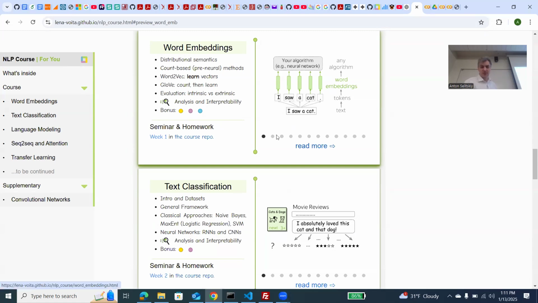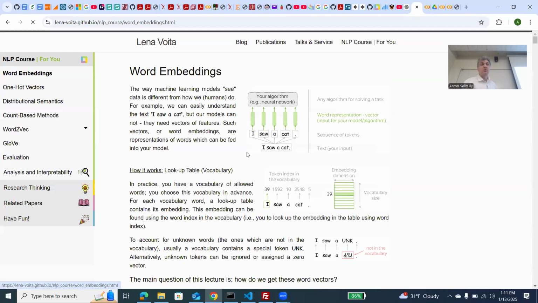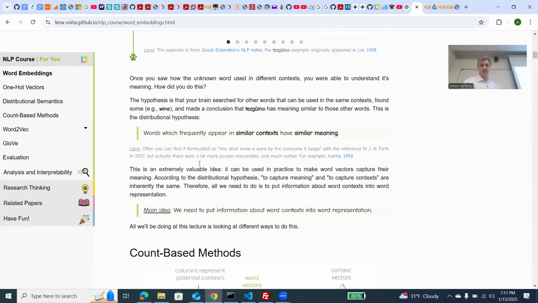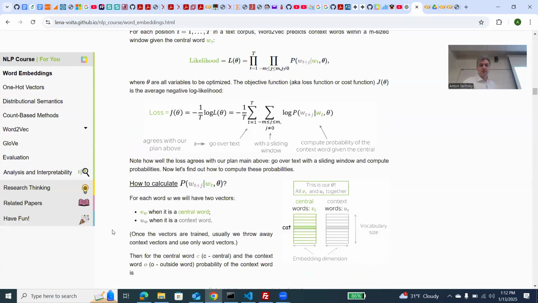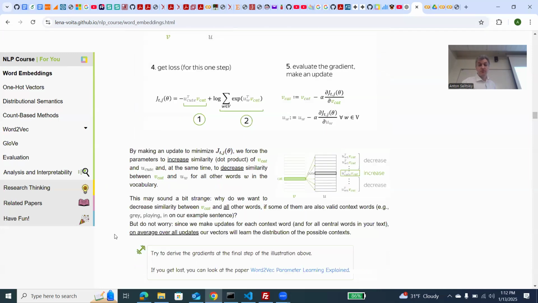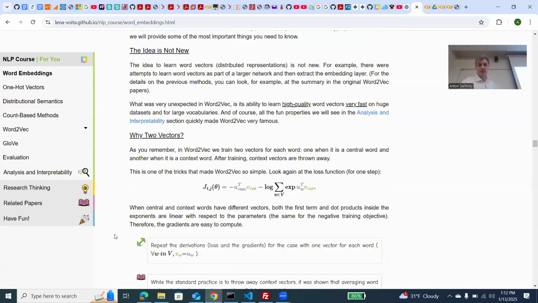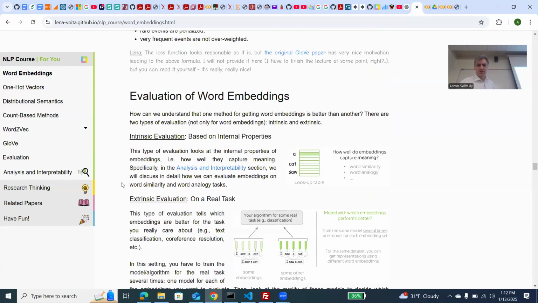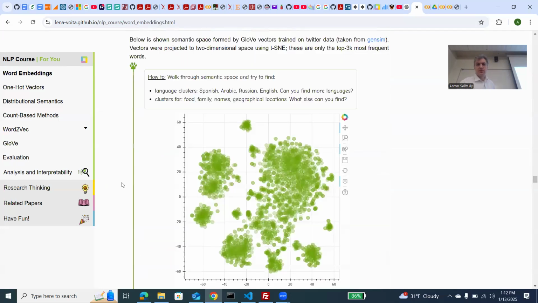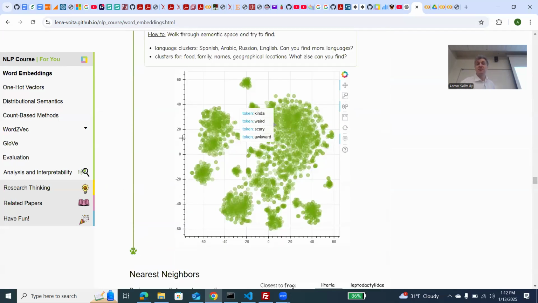For example, for today's topic, we will talk about word embeddings. And here you will find, for example, visualization, also a lot of links to papers, and visualization of word embeddings.